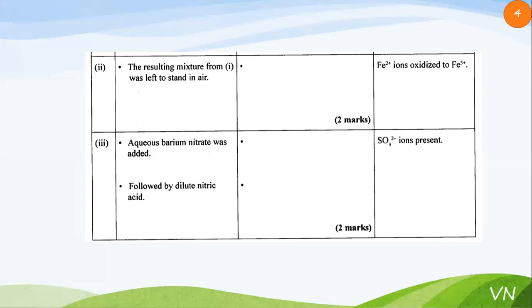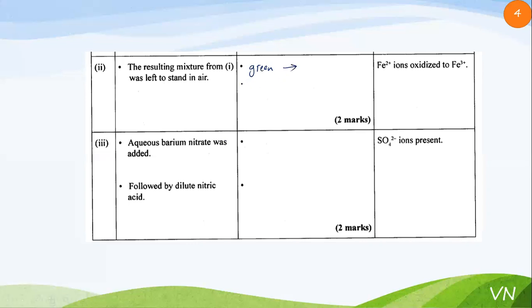So what will be the observation? Remember that from part 2, it was the Fe2 plus ions that caused the precipitate to be green. So let's work with it. So it was green, and it is going to change to.